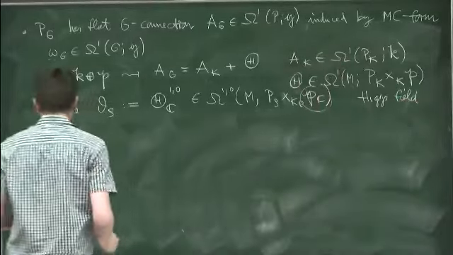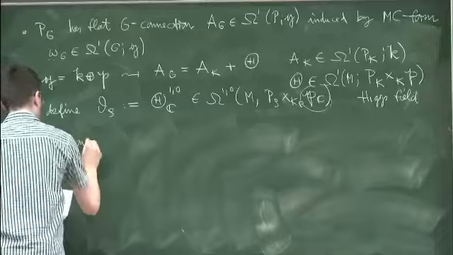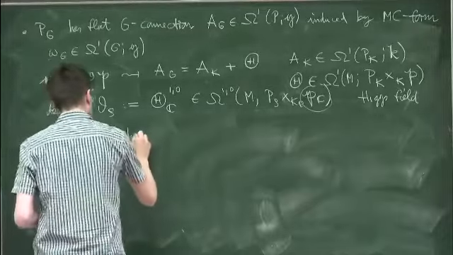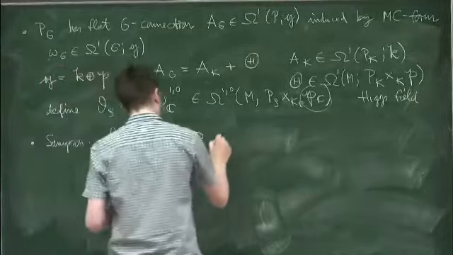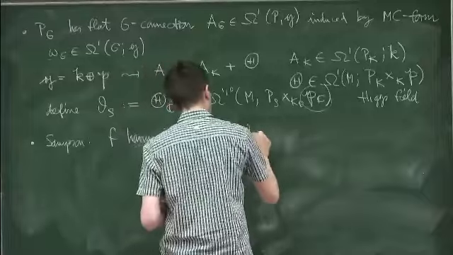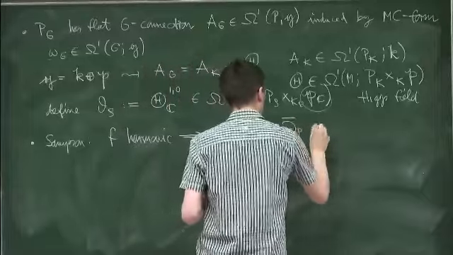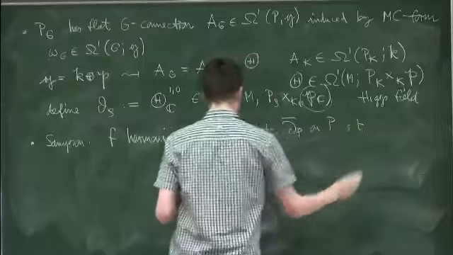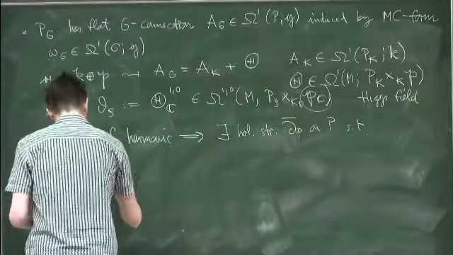Okay. And so then Sampson proved that since F is harmonic, there exists a holomorphic structure on P which annihilates this Higgs field.